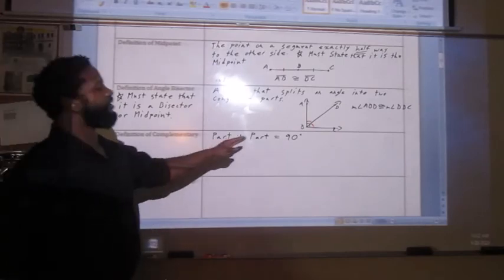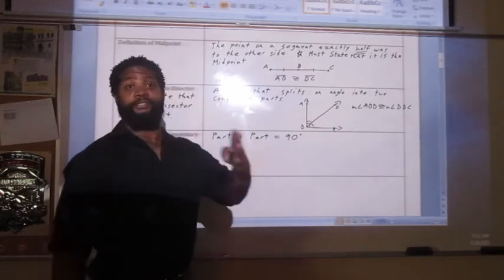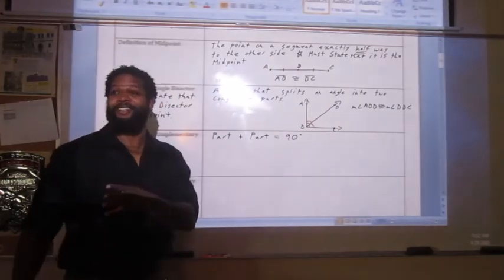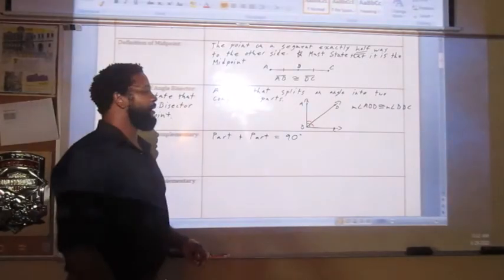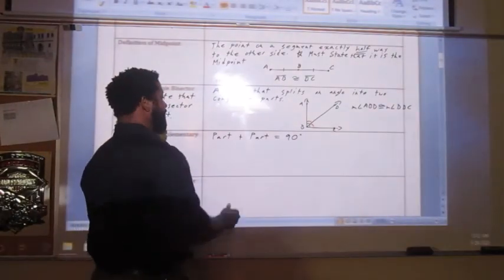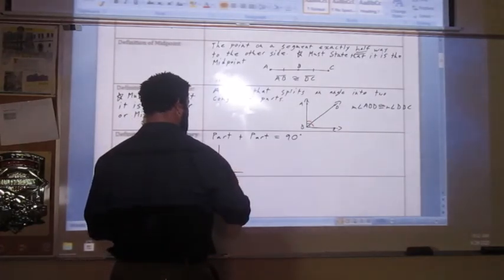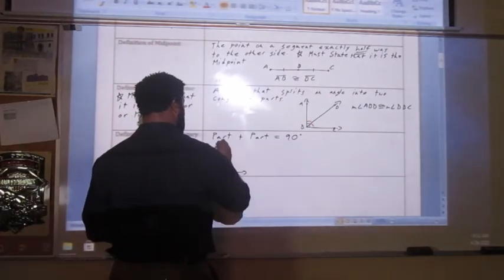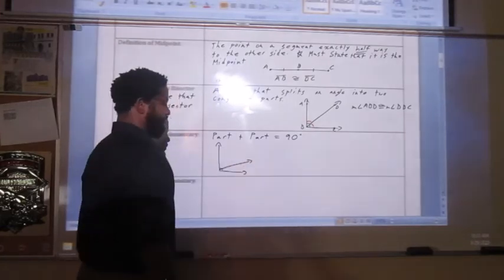It doesn't necessarily have to be a bisector. Bisector is the easiest because 45 plus 45 is 90, but you can have other parts. You can have something looking like that.